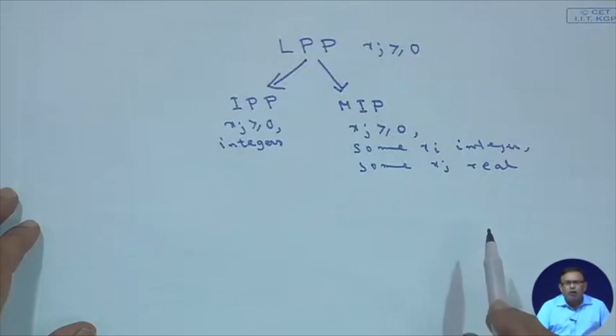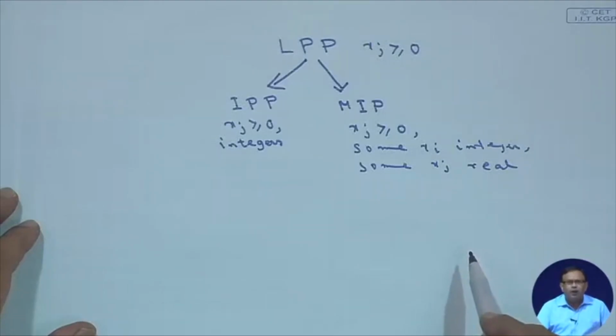So, basically, initially we started with the linear programming problem, then we did the dual simplex methods. Now, we say that we may have a special type of linear programming problem which we call the integer programming problem, where all the decision variables are greater than or equal to 0, and integers only.